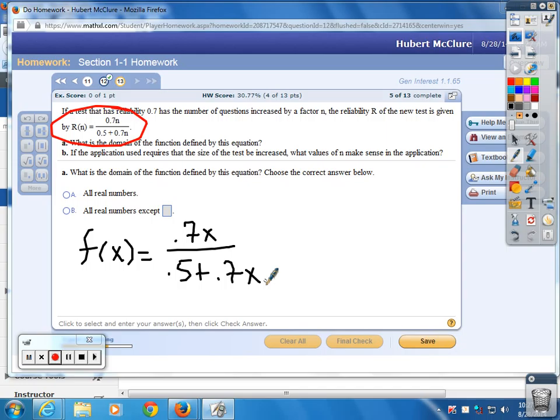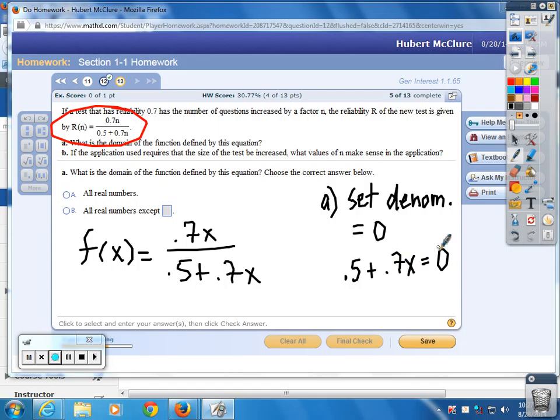Now, they ask you for the domain. What did I tell you to do if you have a rational? Set the denominator equal to what? 0. So we'll say A, set denominator equal to 0. So 0.5 plus 0.7x is equal to 0. And let's solve.